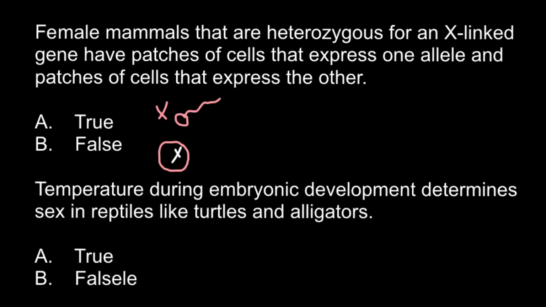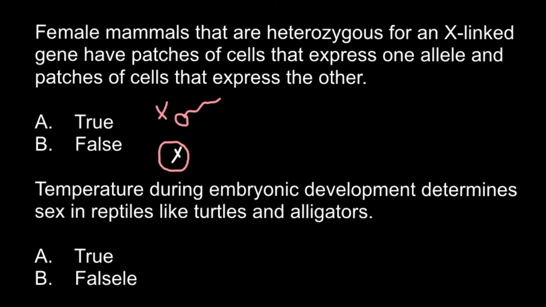So in this case, if these two cells would merge, they would produce zygote that is going to have two X chromosomes, and that means this is going to be a female.